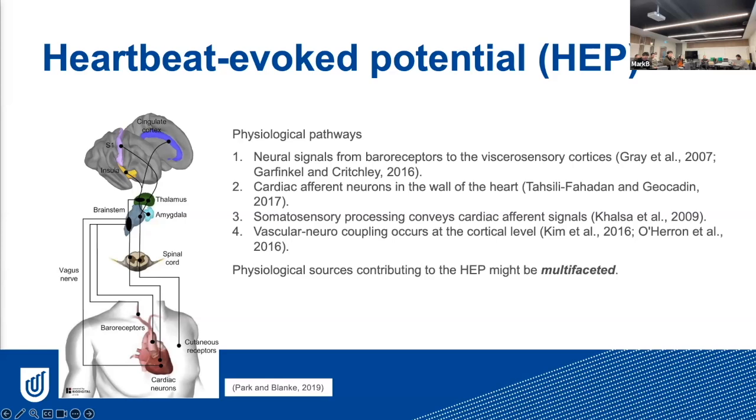The baroreceptor of our heart detects the blood pressure changes, and that information goes to our brain, and our brain keeps monitoring our heartbeat information.